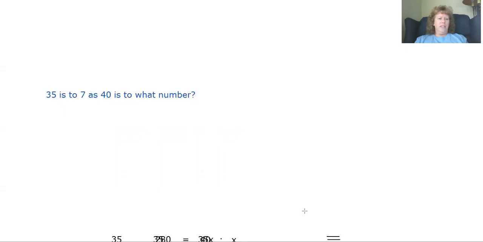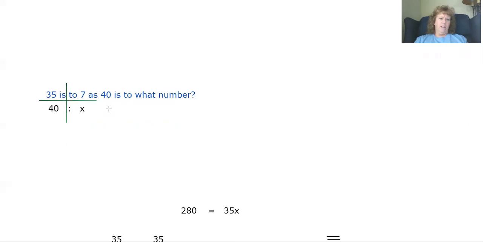"35 is to 7 as 40 is to what number?" So I'm just going to draw some lines here and line up my problem. 35 is to 7 as 40 is to what number?